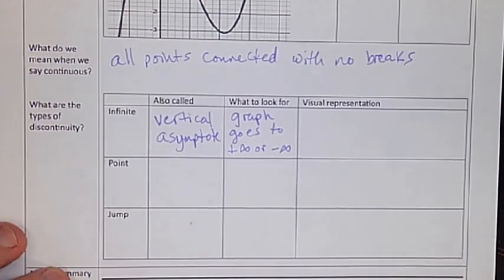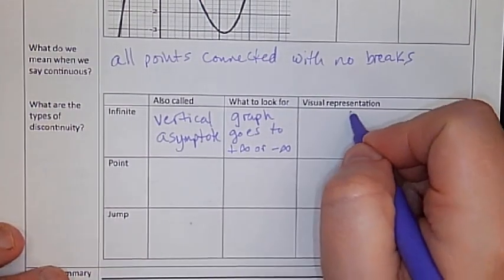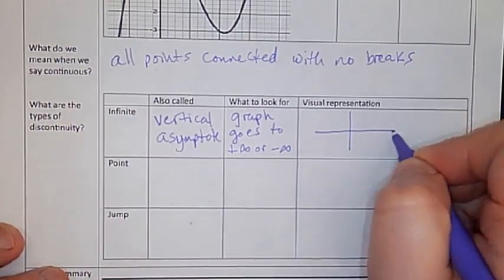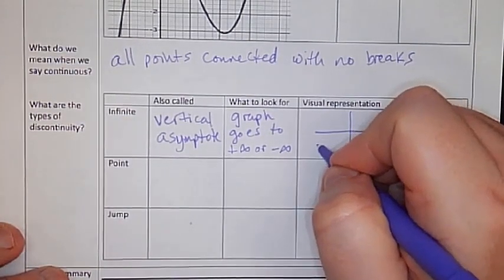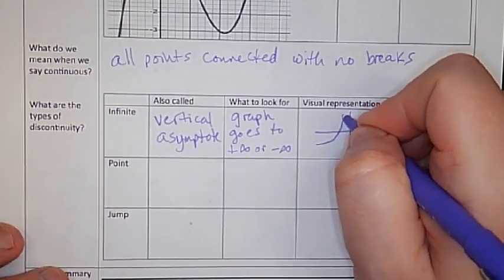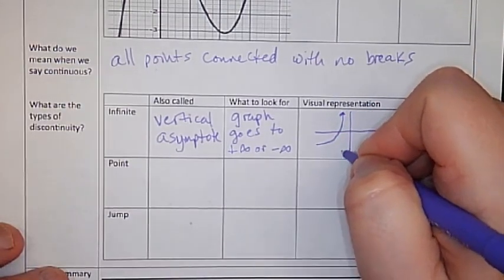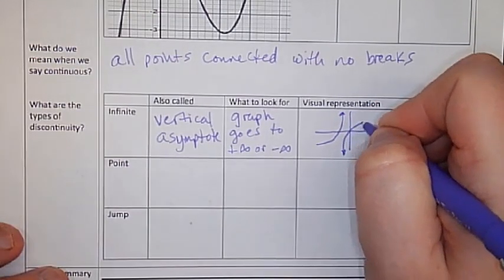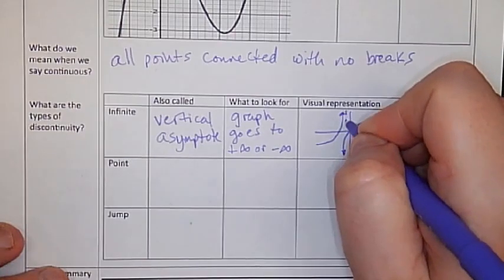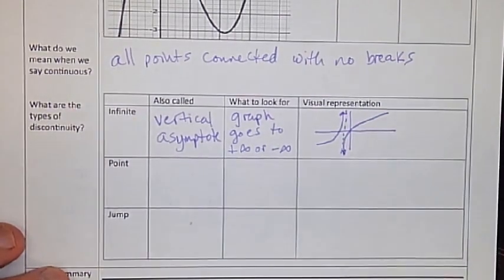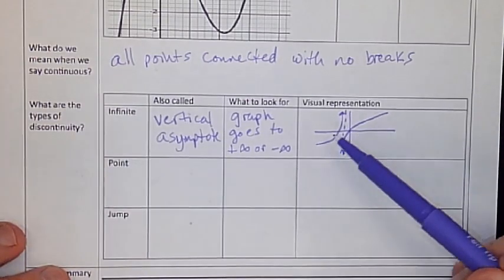So maybe we'll see something where a graph is going up to positive infinity here and negative infinity on the other side, and we end up with that vertical asymptote. Now, one of the things that you need to be very clear about is that it does not have to go to infinity on both sides of the graph.